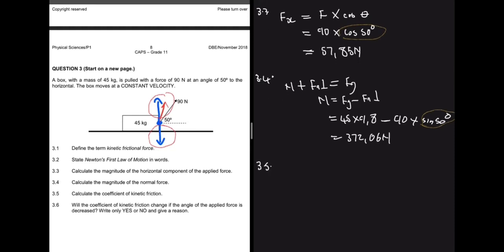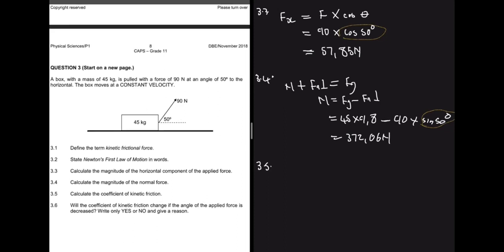3.5 says calculate the coefficient of kinetic friction. Let me erase these forces that I've put here, and then I'll show you how we can solve this one. If we resolve the 90 Newton force along the x-axis, it's going to point that way. And then we know that friction opposes the motion, so it's supposed to point in the opposite direction.